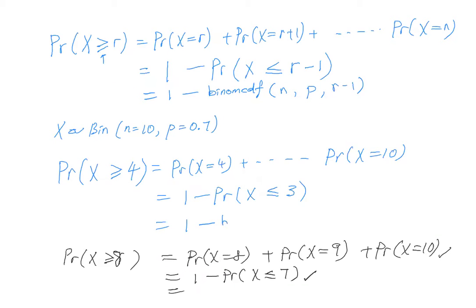So here I can key into the calculator binomCDF 10, 0.7, 3. You've got a graphic calculator, and without a graphic calculator, you definitely work in a different way. Am I right?